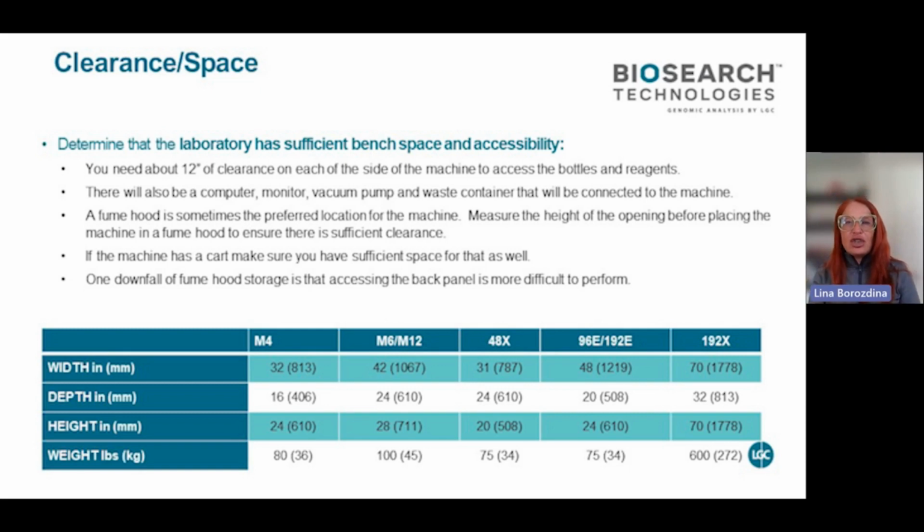So unless you're putting it in the hood, you can also put it on a bench or on a cart under a snorkel or a drop-down canopy, something like what you have in the kitchen over your stove, so when you burn the eggs, the fire detection doesn't go off. So here's the width, depth, height, and the weight of each instrument.